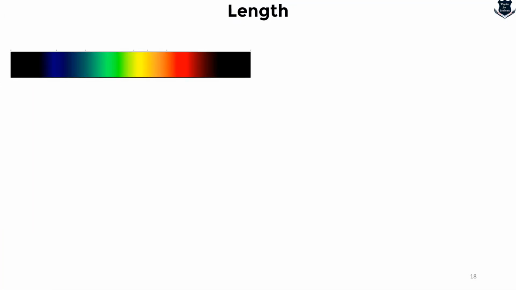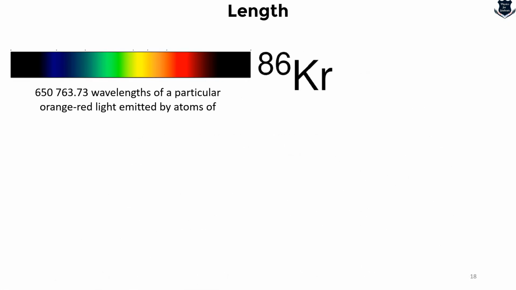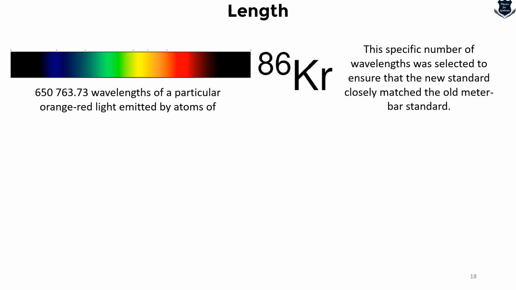Eventually a standard more precise than the distance between two fine lines was produced, with the wavelength of light adopted. Specifically, the standard for the meter was redefined as 1,650,763.73 wavelengths of a particular orange-red light emitted by the atoms of a particular isotope of krypton in a gas discharge tube that can be set up anywhere in the world.